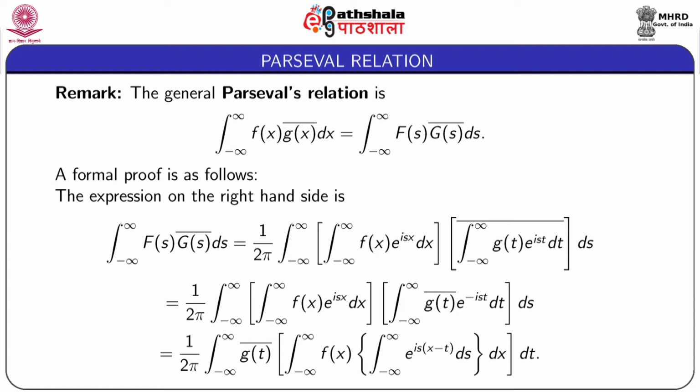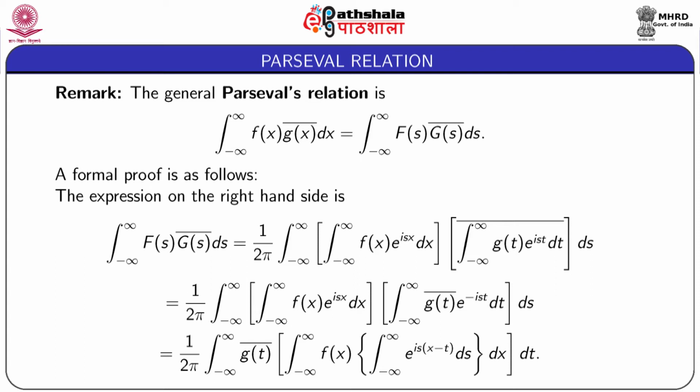Now, we manipulate this step to get 1 by 2 pi integral minus infinity to plus infinity g bar(t) into integral from minus infinity to plus infinity f(x) into integral from minus infinity to plus infinity e to the power is(x minus t) ds dx dt.